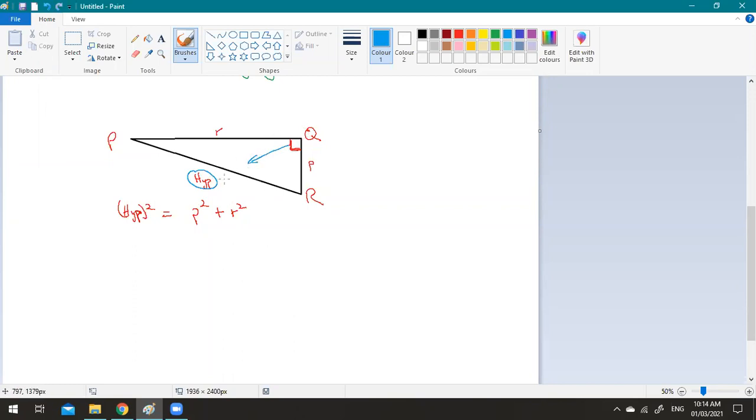Opposite Q will be what? Come on, Q. Okay, that's right. Q is equal to P squared plus R squared.